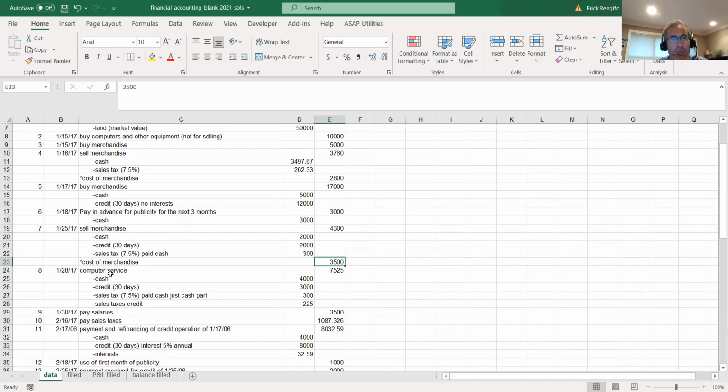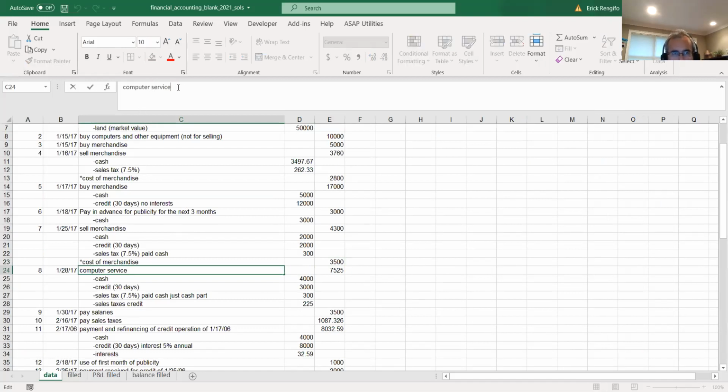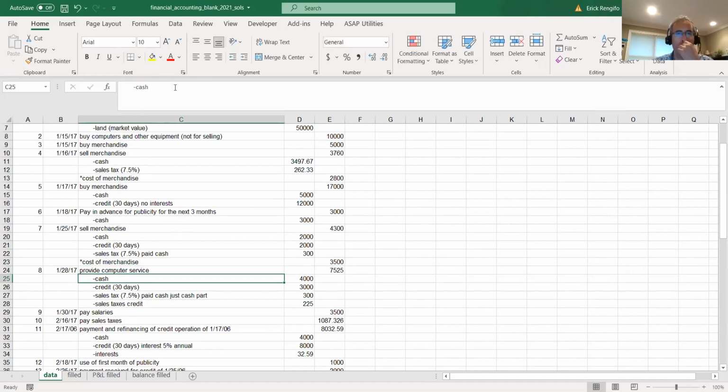Number 8. Now I will provide a computer service, okay? So this is a computer service you provide. Cash is $4,000, so they're going to pay you cash $4,000. They're going to pay you $3,000 in 30 days. The taxes, guys, are $300, okay? And the sales tax credit is 225.